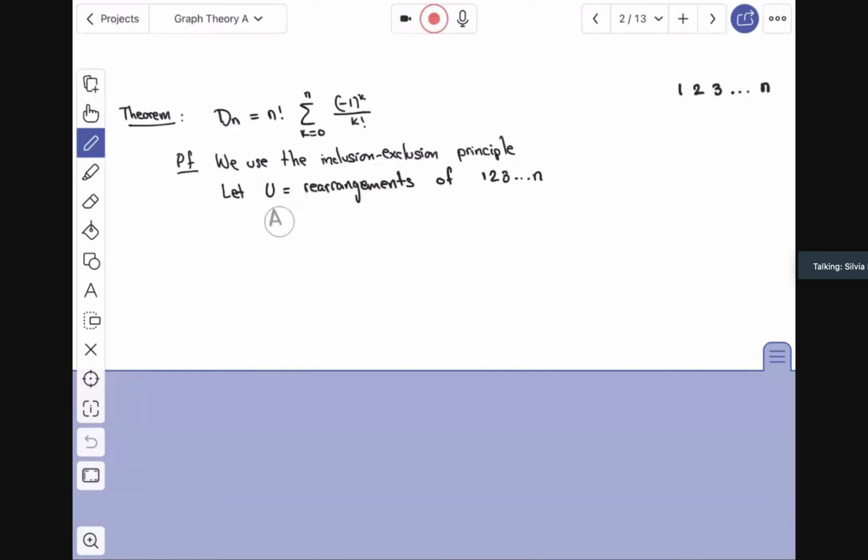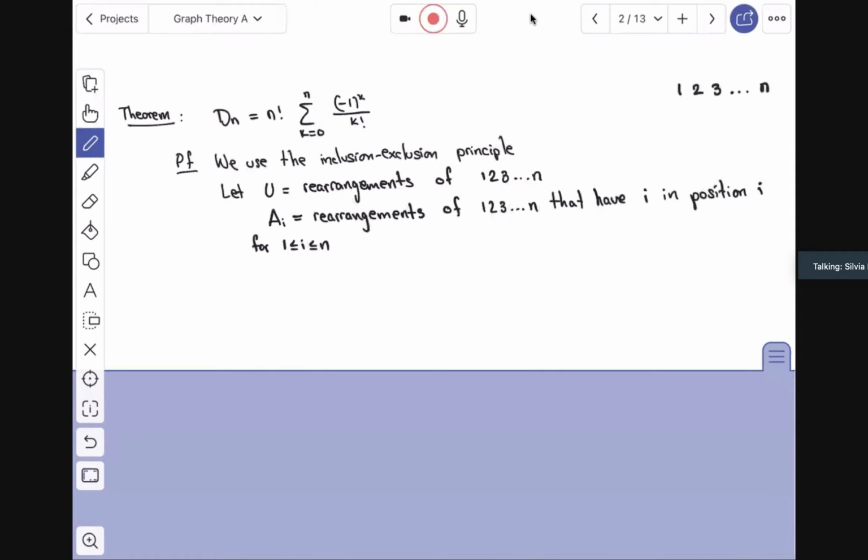And the AIs are usually whatever you want to avoid. So for each I between 1 and n, I'm going to define AI as the rearrangements in my universe that fix I. Those are not the arrangements we want; that's what we're trying to avoid.